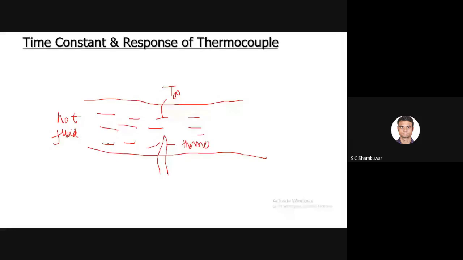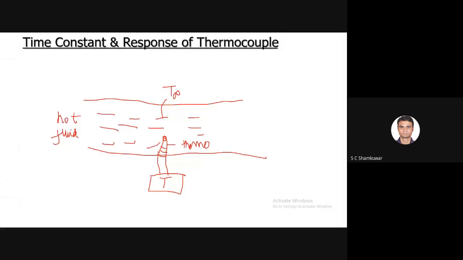Understood? So the thermocouple will exactly tell you the temperature of this fluid, isn't it? And for that the thermocouple is using which analysis? Lumped analysis.